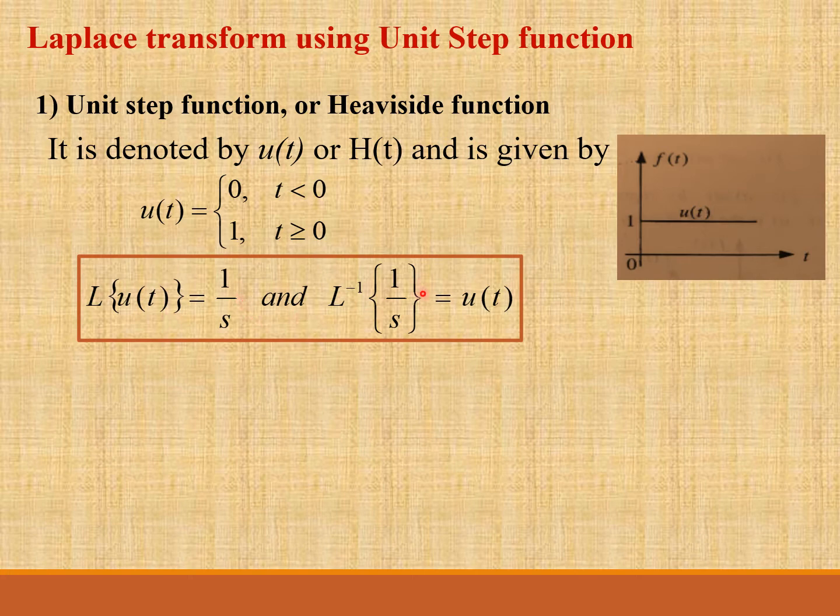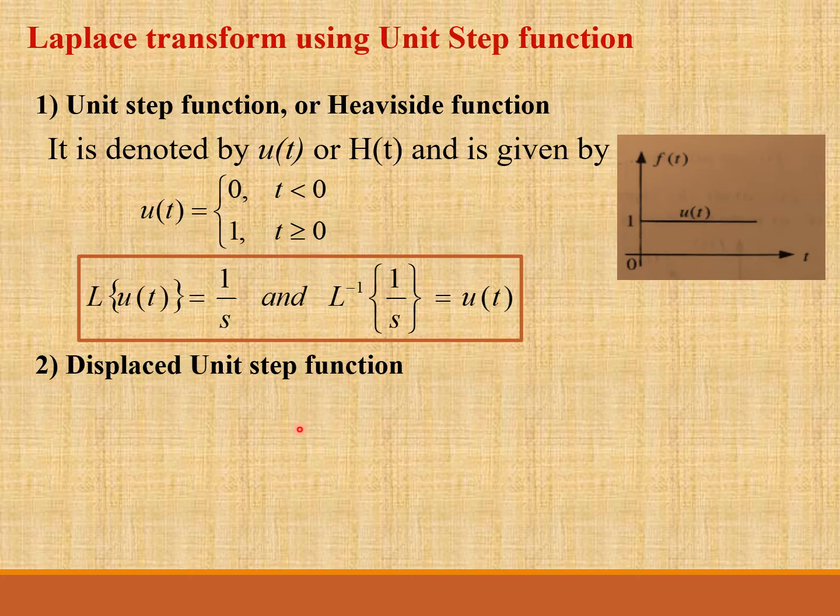And Laplace inverse of 1 by s is equal to u of t. This is the inverse Laplace transform in terms of the unit step function. Actually, the Laplace inverse of 1 by s is 1, but in terms of the unit step function we can write 1 as u of t.